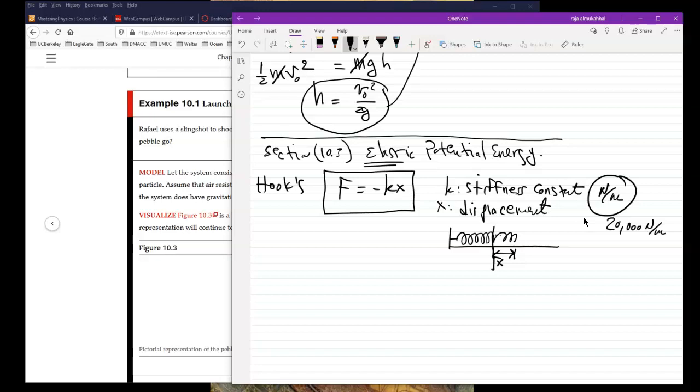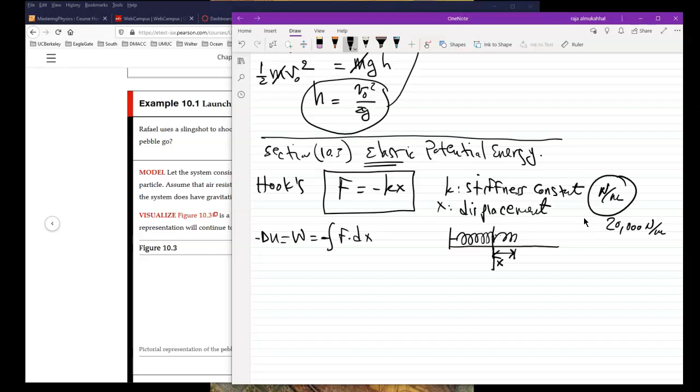And if I ask, what is the corresponding potential energy? Remember we said that the potential, delta U, is equal to minus the work, and that's equal to minus the integral of the force dx.